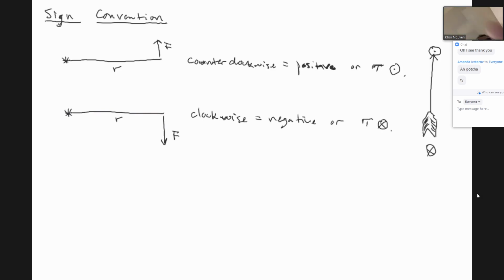Okay, so now that we know the direction of torque, positive and negative, we can do our summation of torques. But let's look at the type of torque equilibrium problems that we're going to get. The cool thing about all these torque problems is we're always going to be in some state of equilibrium.